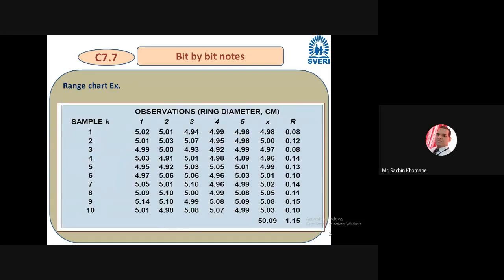Also, we have seen one numerical, or you can say chart of calculation of range. So we understood the meaning of range. So how to calculate range? Taking the maximum reading minus the minimum reading. Whatever difference is between these two, that will be a range that we have seen.